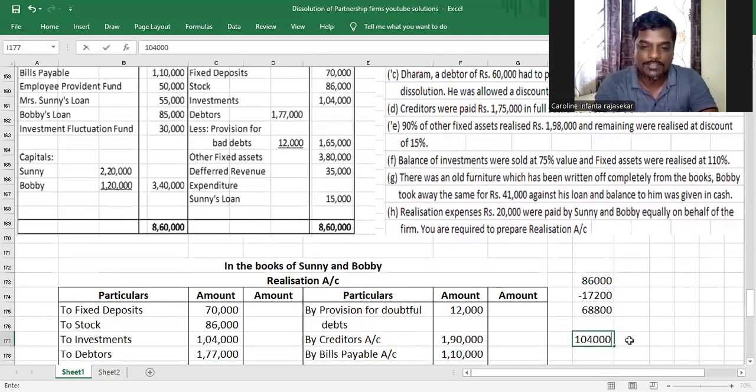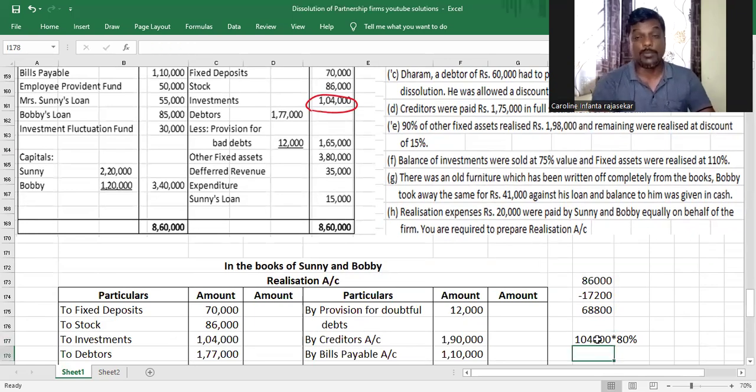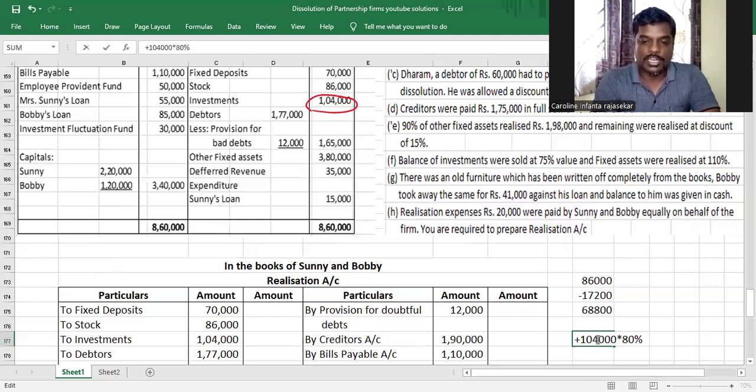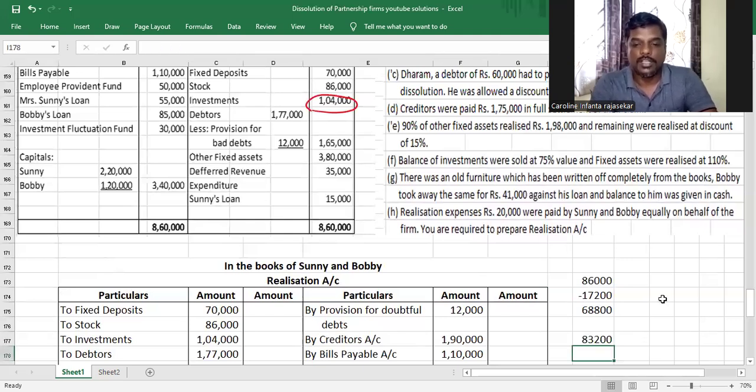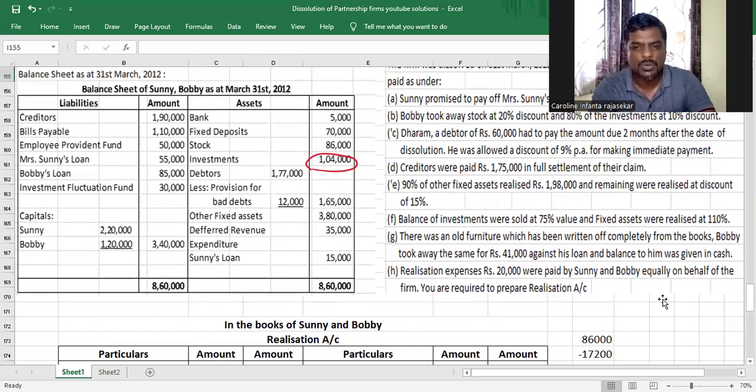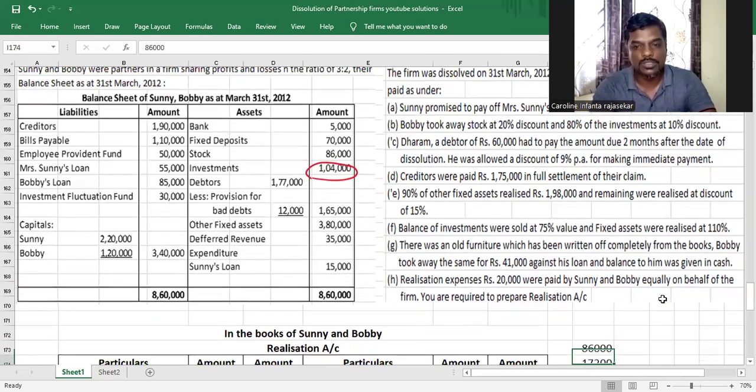So you have 1,04,000 into 80%. 1,04,000 is the book value of the investment here. Into 80% will give the total amount that was taken over by Bobby. 1,04,000 into 80% is 83,200. But did Bobby take it for 83,200, the book value? No. That fellow has to do something funny.